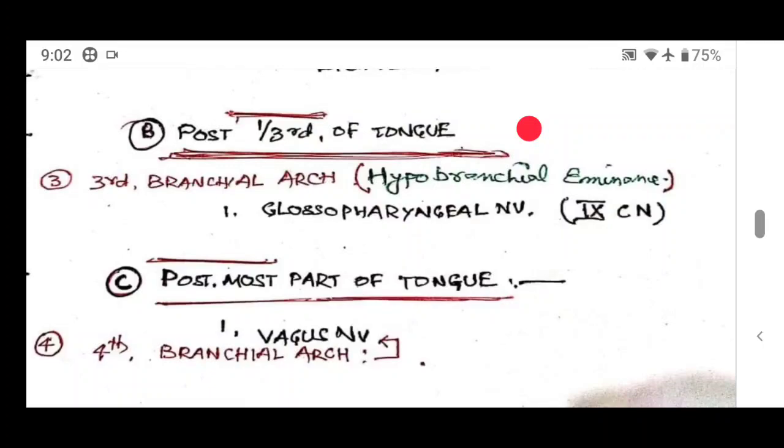Regarding the fourth branchial arch, it is the posterior most portion of the tongue, and this portion is related to the vagus nerve.